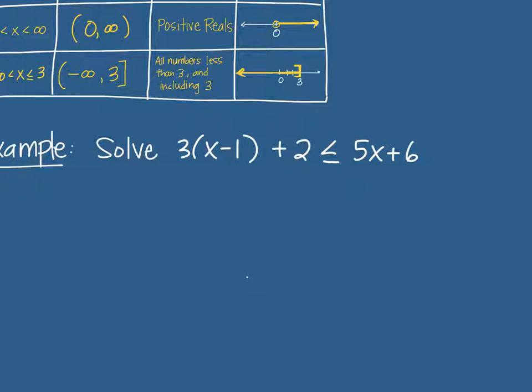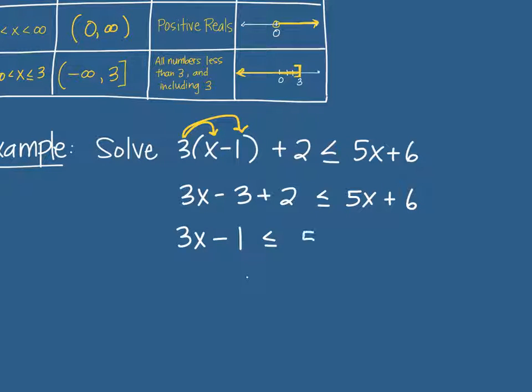So my first step is going to be, we're not getting one side equal to 0 anymore, we're getting x alone. So we're going to distribute the 3, that'll give me 3x minus 3 plus 2 less than or equal to 5x plus 6. When I combine the like terms, I'll have 3x minus 1 less than or equal to 5x plus 6.